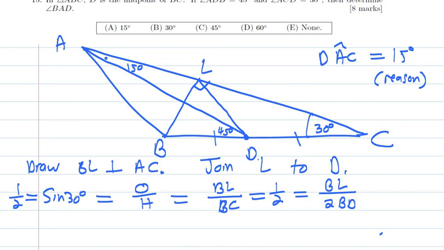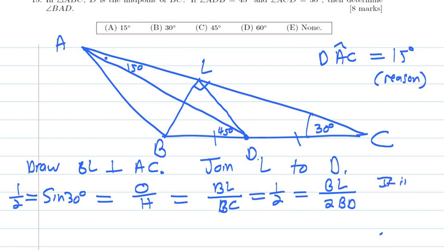The hypotenuse is BC, which is twice BD. Can I get smiley faces if you agree? If you disagree, please ask a question. I have 2 smiley faces. Can I get one more smiley face? All right.